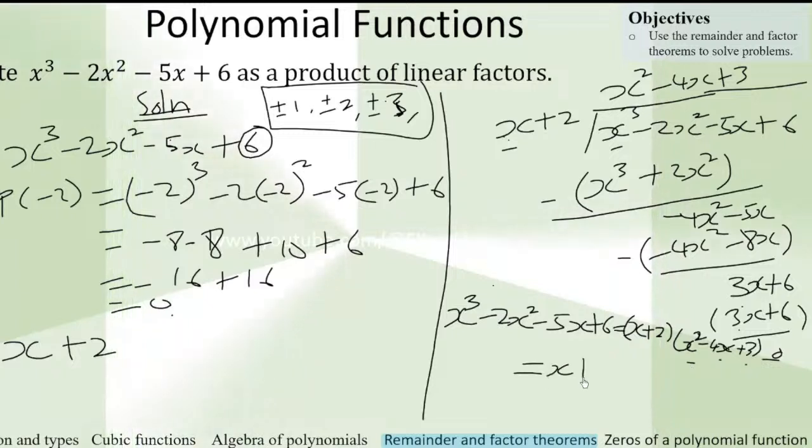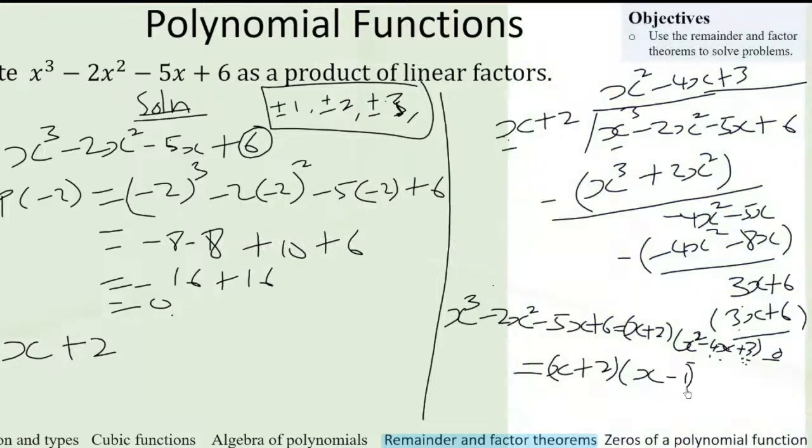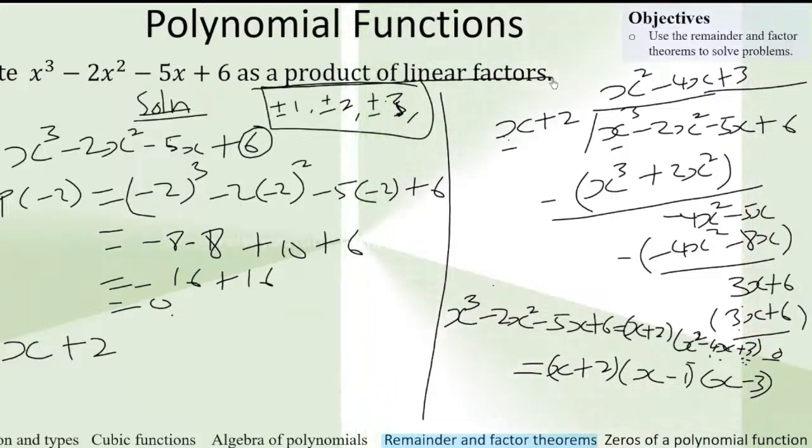So we have x plus 2, then you look for two numbers that when you multiply you get 3, and when you add you get -4. And the numbers are -1 and -3. So the factors become x minus 1, then x minus 3. So that is a complete factorization of x cubed minus 2x squared minus 5x plus 6. Or we have written it as a product of linear factors. These are the linear factors.